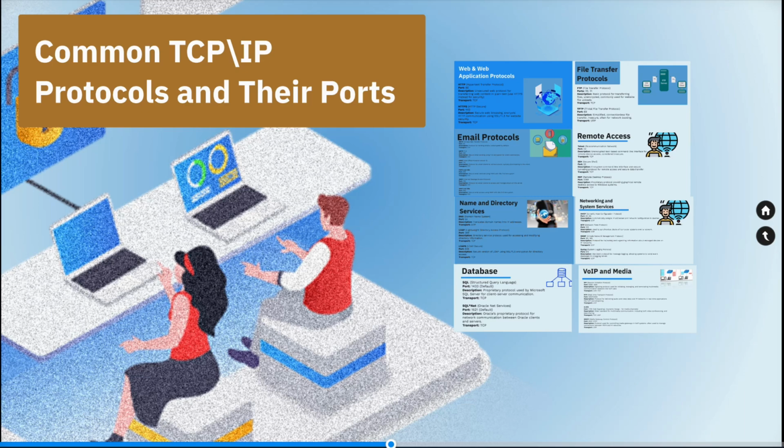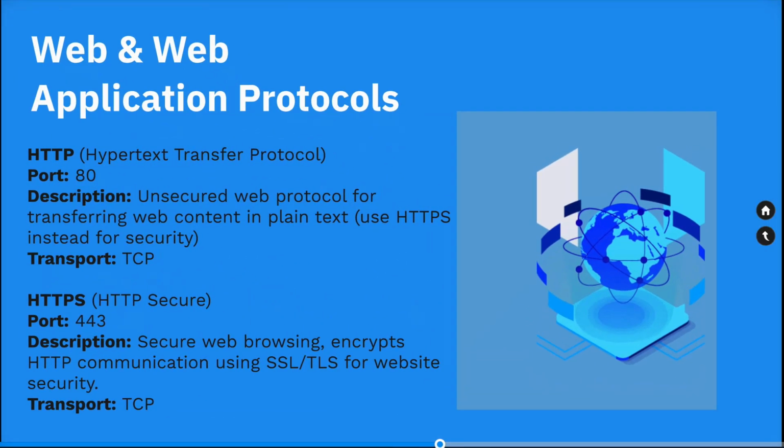These are the things that you're going to need to know, so you want to write them down and memorize them because they will be on the exam. One series of protocols here is for the web. We have HTTP utilizing port 80, the default port to display web pages in your browser, and it uses TCP at the transport layer.